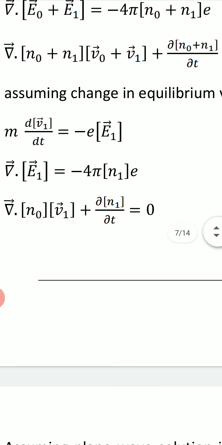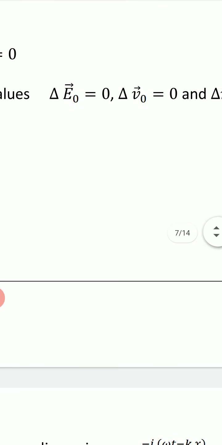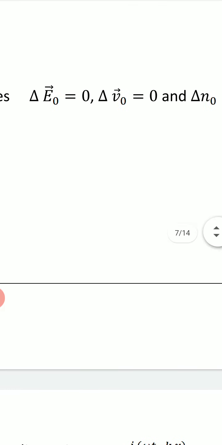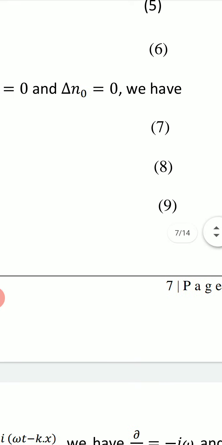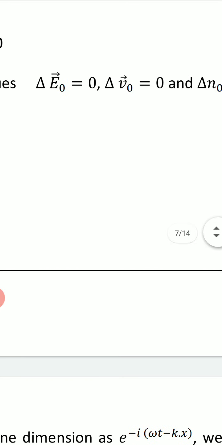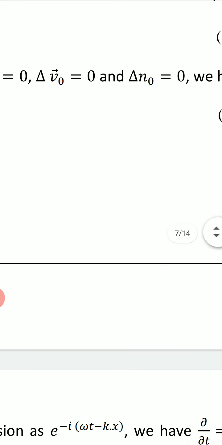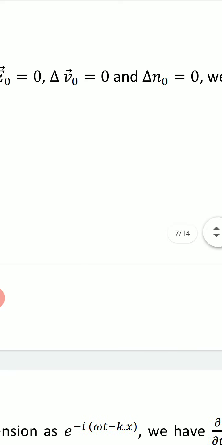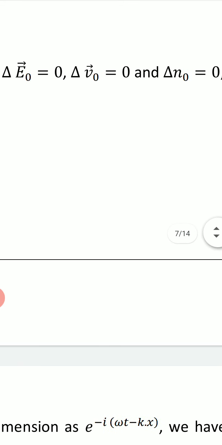Now we assume that the change in equilibrium values, that is delta E0 is 0, delta V0 is 0 and delta N0 is 0. E0, V0 and N0 are equilibrium values of E, V and N. We assume the change in these equilibrium values as 0.